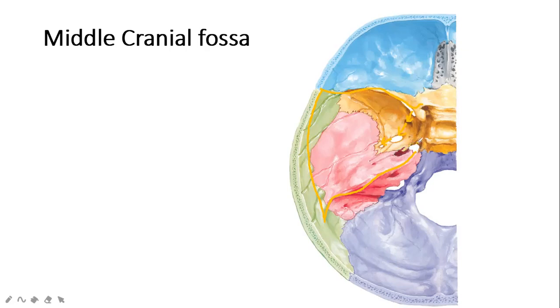It's formed basically by three bones: the sphenoid, the basilar part of the occipital bone giving a small part, though some may exclude it, and this edge, the medial angle of the petrous part of the temporal bone. That is the foramen lacerum.